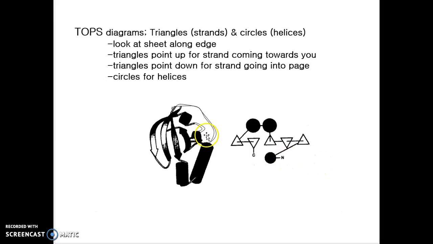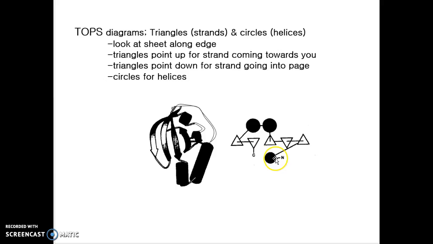Another method is called the TOPS diagram, using triangles and circles. Triangles come in two ways, regular or upside down. Regular indicates a strand coming from the page towards you, and an upside down triangle is the opposite direction, from you to the page.